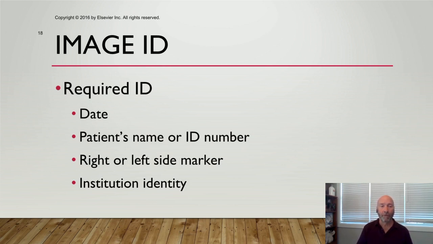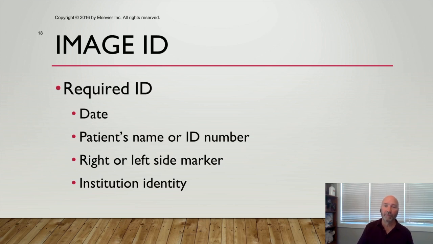So the more markers that you have, the more identifiers that you can have on the image receptor, the more specific it's going to be to that patient. So it's very common to have two patients with common names, like let's say John Smith. We have two John Smiths in the hospital at the same time.